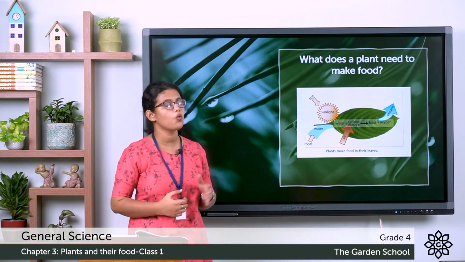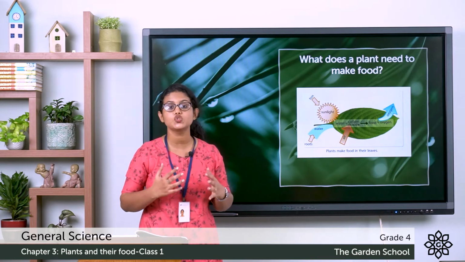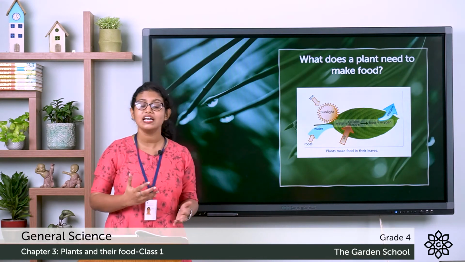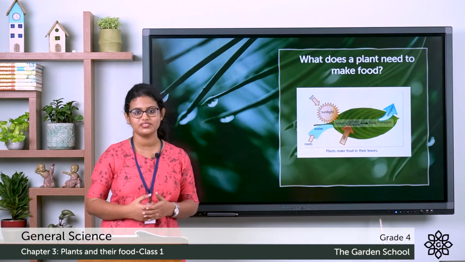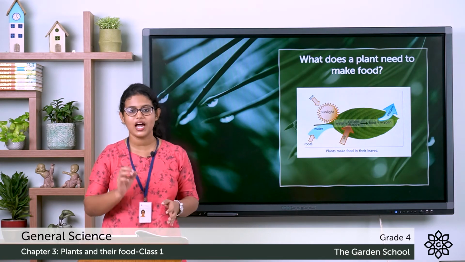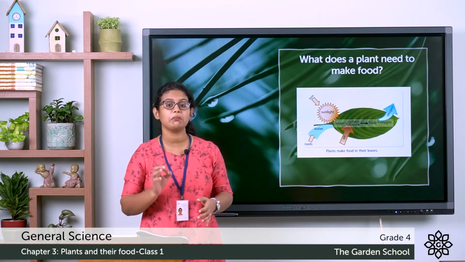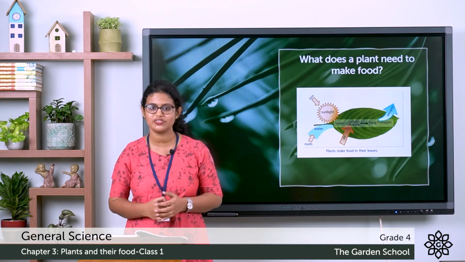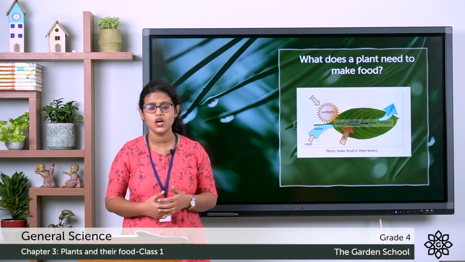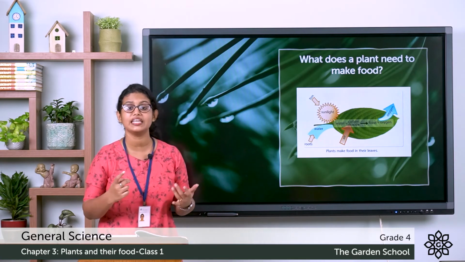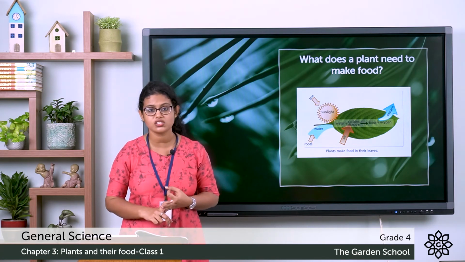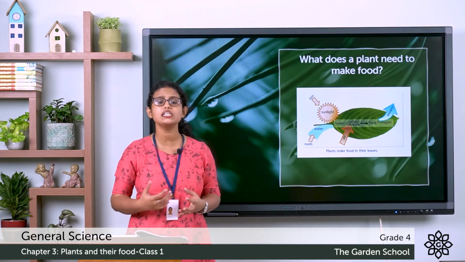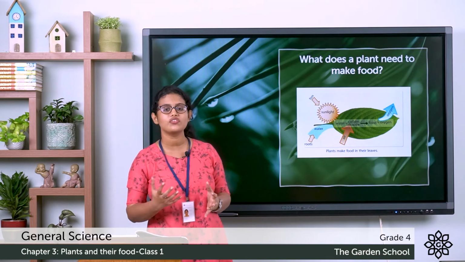Now let's see, what does a plant need to make food? A plant is a living thing. It needs air, water and food to live. And we discussed that a plant is the only living thing that makes food by itself. So how do they make food? What all things do they need? They need water, they need sunlight, they need carbon dioxide. They need all these things in order to make food.